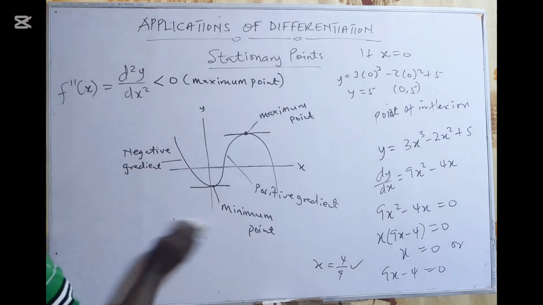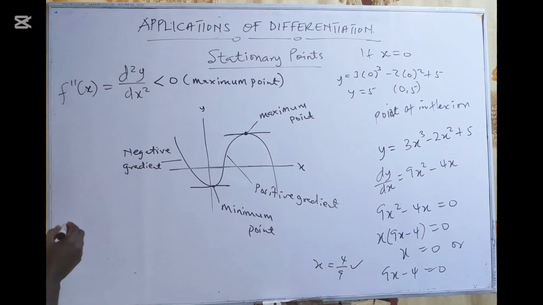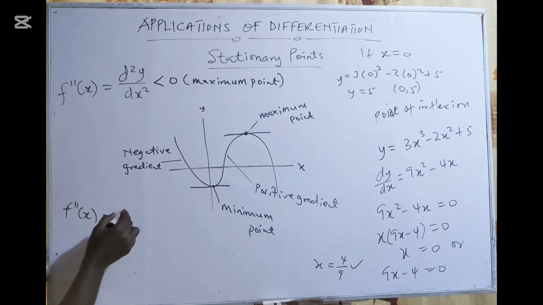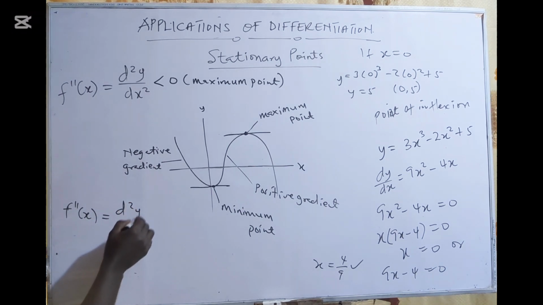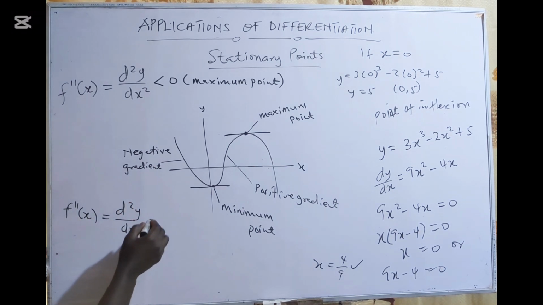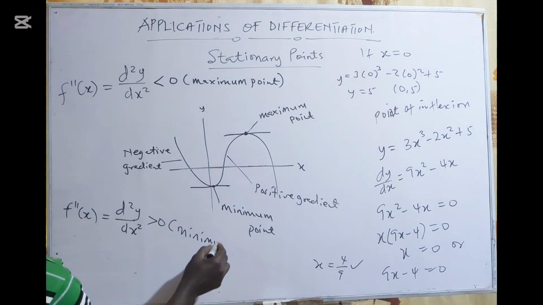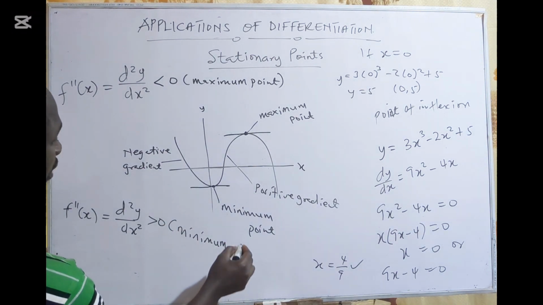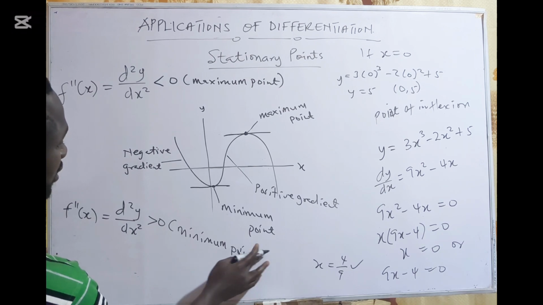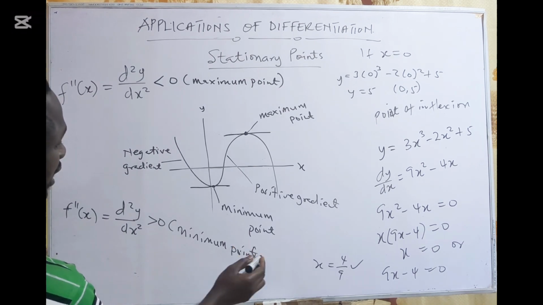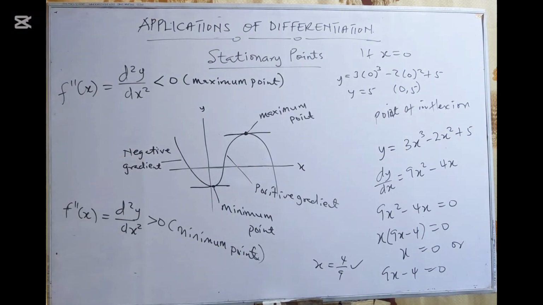Then if you further differentiate and then the d squared y on dx squared is greater than 0, then instead that point is what? The minimum point. Okay, the value that you get, then that point is the minimum point.